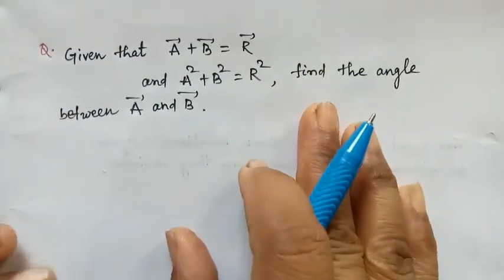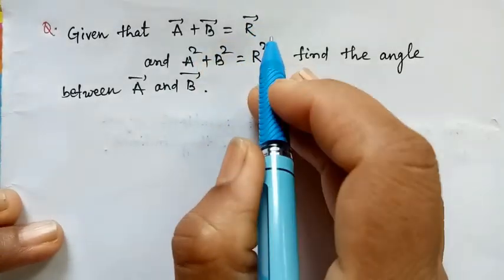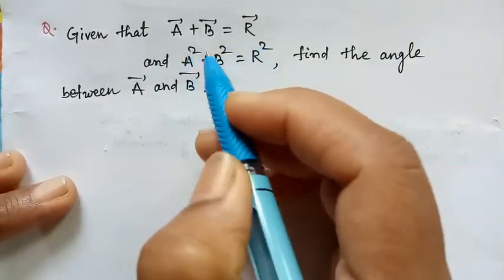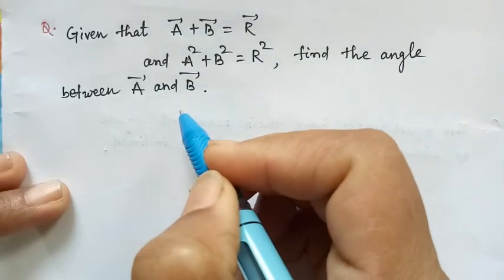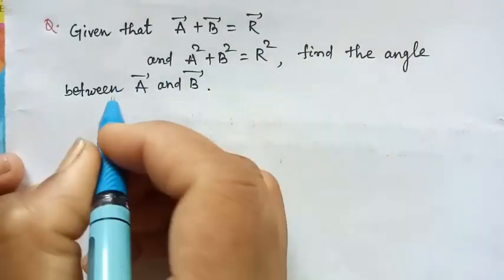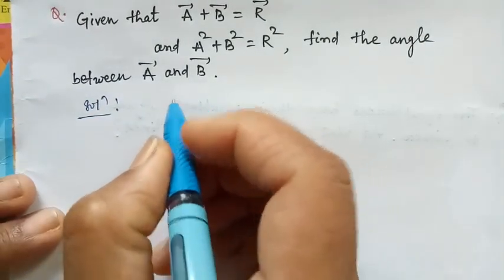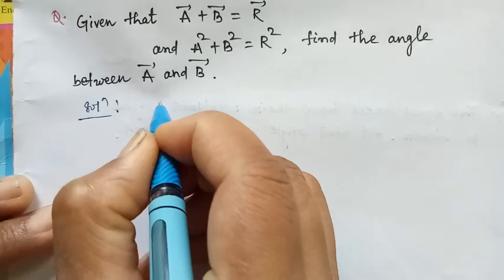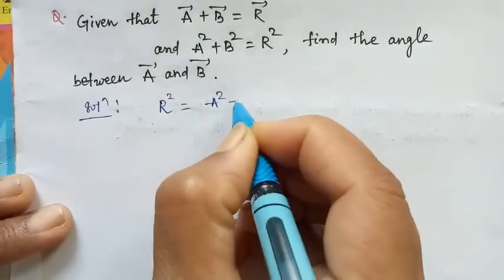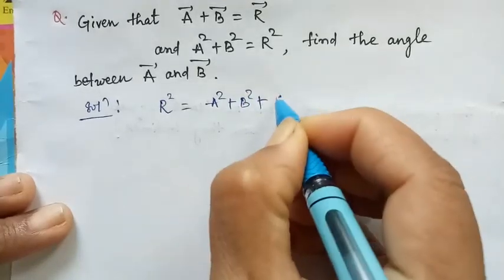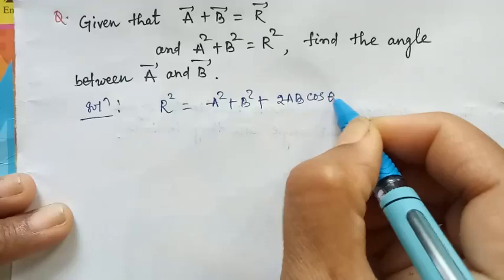Okay. Next, given that vector A plus vector B is equal to R and A square plus B square is equal to R square, find the angle between vector A and vector B. From vector addition, we know that R square is equal to A square plus B square plus 2AB cos theta.